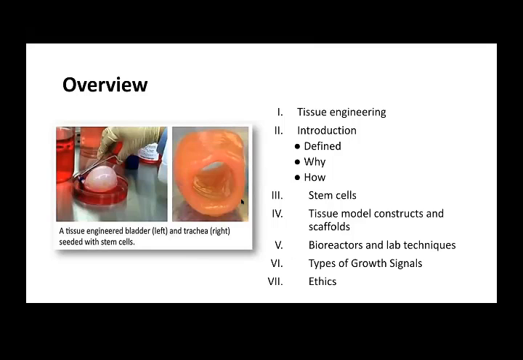So we'll be talking about the introductory level of tissue engineering in this slide: what are stem cells, tissue model constructs, bioreactors, lab techniques that go into tissue engineering, types of signals that are used, growth signals specifically, and ethics as usual involved in everything.